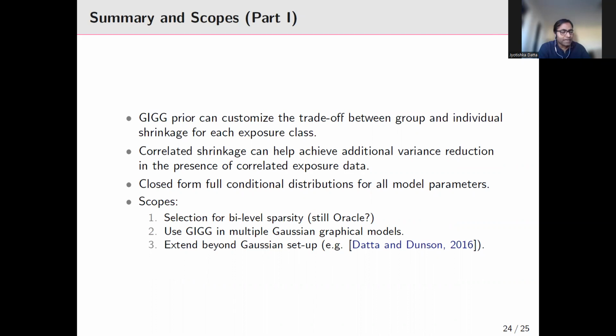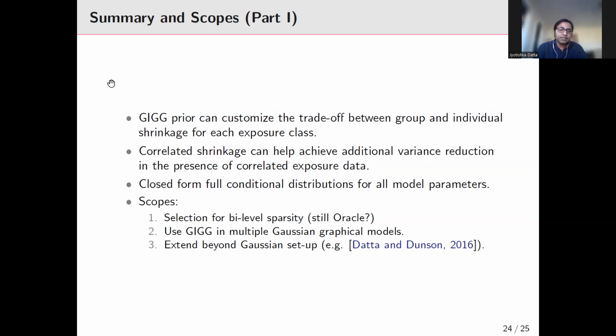And we also believe that this correlated shrinkage is very important for grouped data where you have grouped covariates, because it will achieve additional variance reduction when you have correlation. If the correlation structure is weak and there is no grouping mechanism, then using a simple horseshoe prior will not be any worse. But in presence of grouping structure, extra correlation, this is useful.